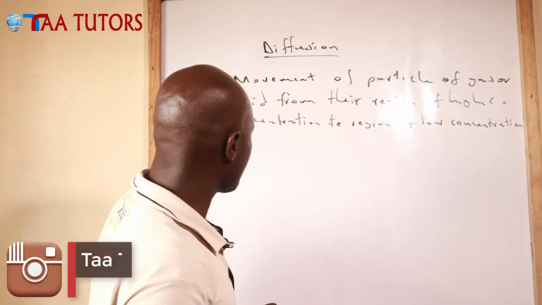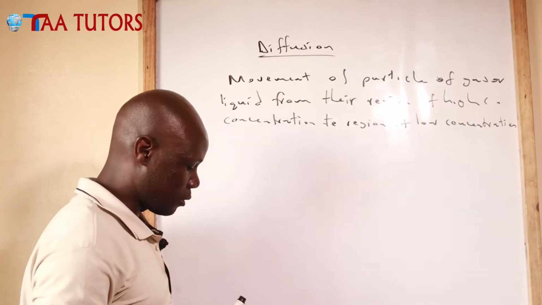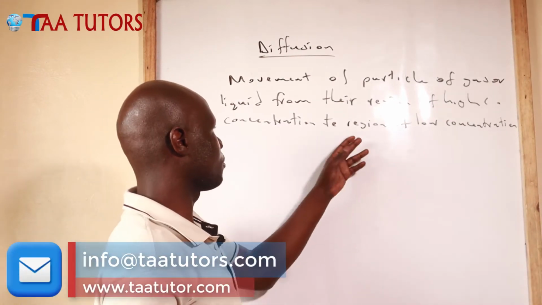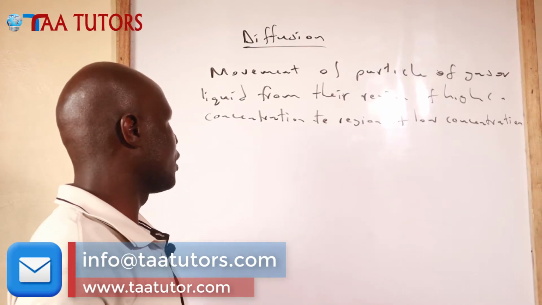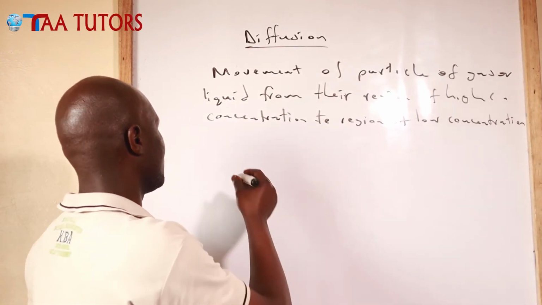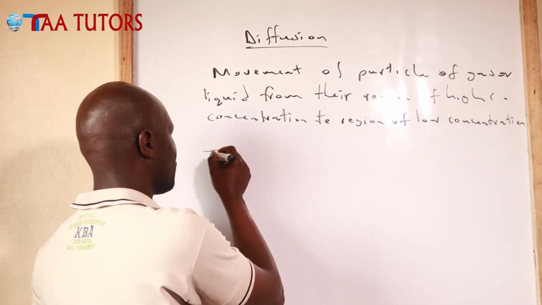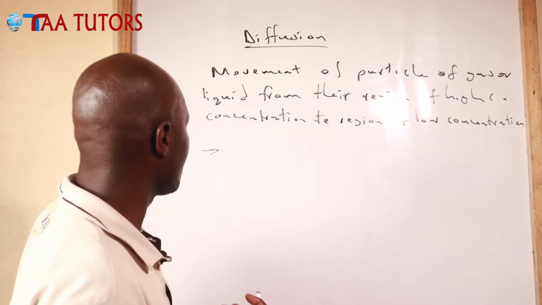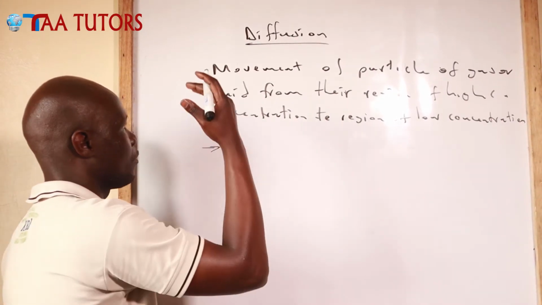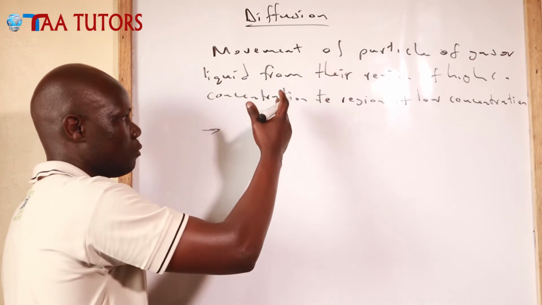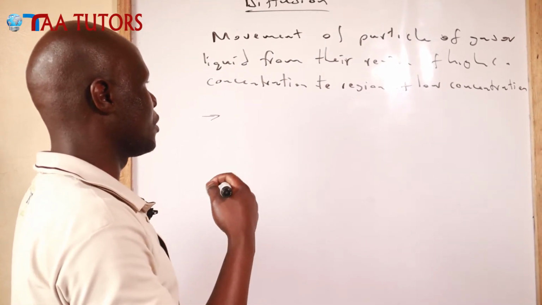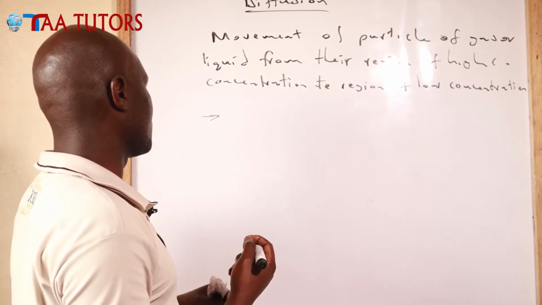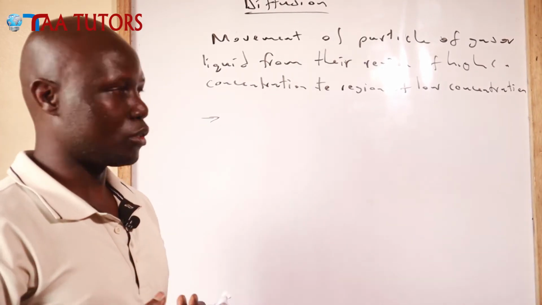Now, when we talk about this, we know that the molecules will be moving from where they are more to where they are less. Now, let us understand clearly what makes the molecules move. Like in the previous lesson, I told you that this is a passive movement. So the energy that we are talking about does not originate from the cell, but from the particle. So how do particles move?